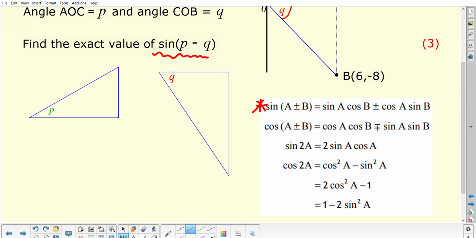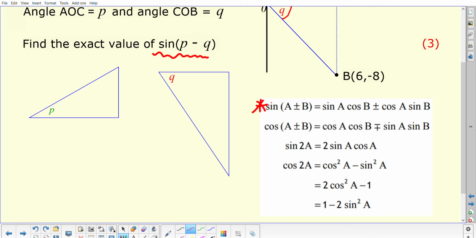So clearly we're going to be using this one, and remember the way they are written in the formula list, it does combine the two formulas in one. So if we are doing sine a minus b, the minus sign at the bottom means that when we're writing out the expression we would also have a minus sign because they match. So quite important to do that.